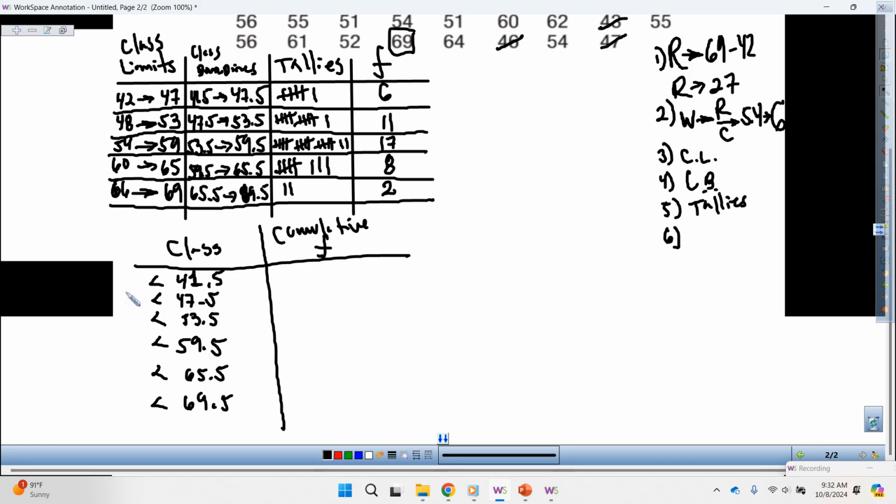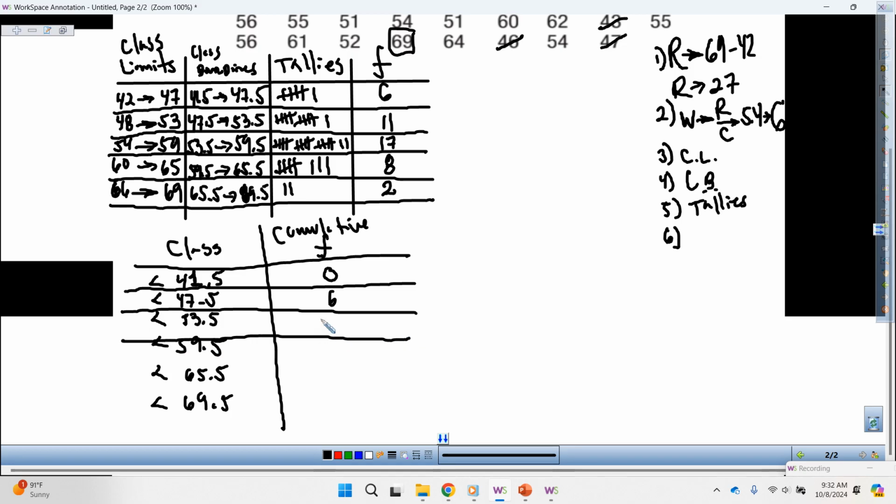All right. Tell your neighbor what to write for the cumulative frequency for the first class. You know hablo inglés. Yes, this is the easiest one of them all. It's 0. Next one, less than 47.5 is 6. Less than 53.5 is 17.